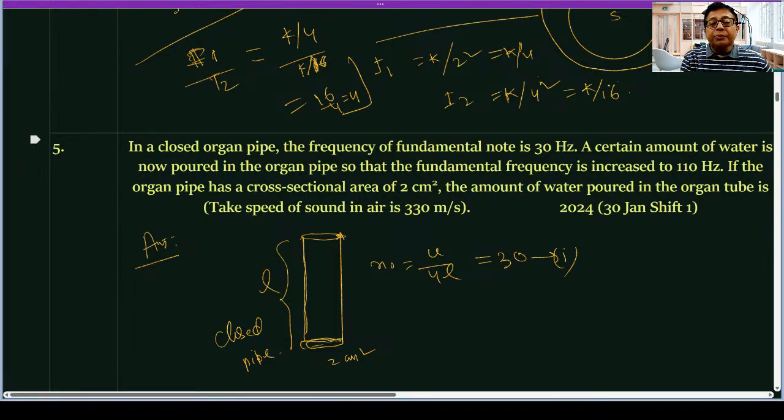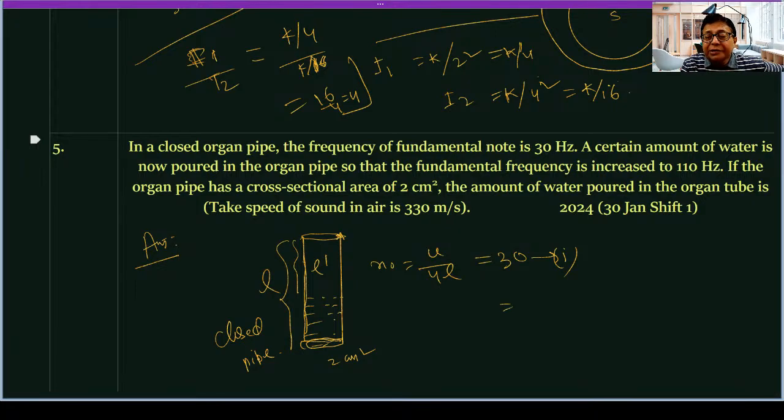When a certain amount of water is poured, the length reduced. Okay? Now, certain amount of water is poured, fundamental frequency increased to 110. So length is changed. That's why it changed. Okay?